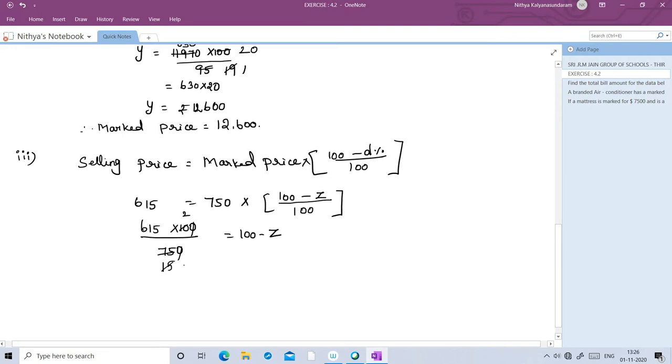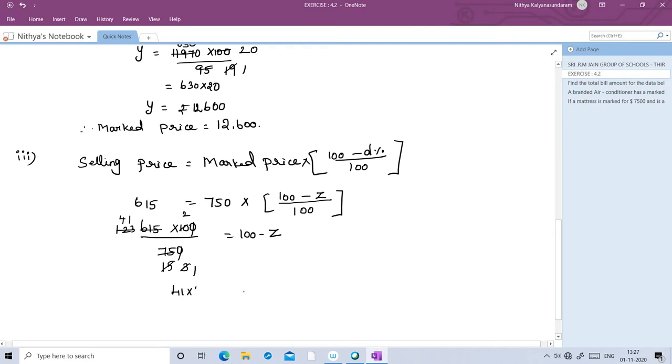Then again we can cancel in 5 table. 5 3s are 15, 1 5s are 5, balance is 1, 10, 2 5s are 10, balance is 1, 3 5s are 15. Then 3 table we can cancel, 1s are, 4 3s are 12, 3 1s are 3.